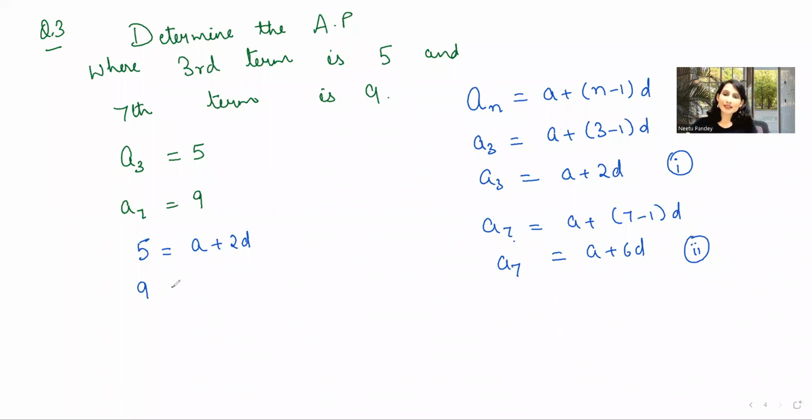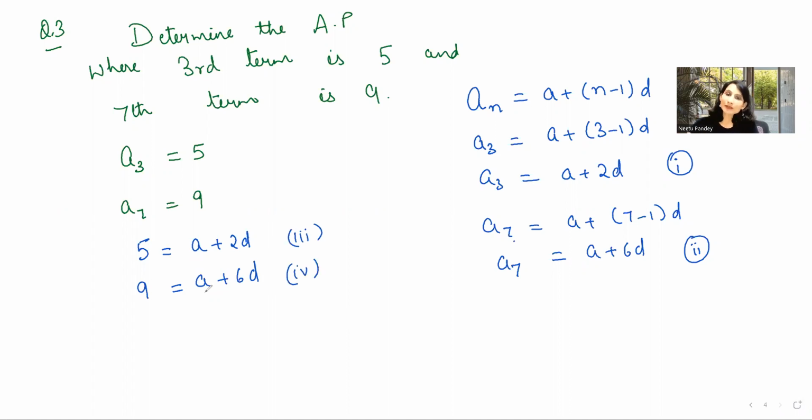So you can write here 9 is equal to a plus 6d. Okay. Now you remember solving simultaneous equations? Yes, whatever we have studied now, every concept will be used with each other. They are all interlinked. So here we will solve using simultaneous linear equations. Let this be equation number 3 and equation number 4.